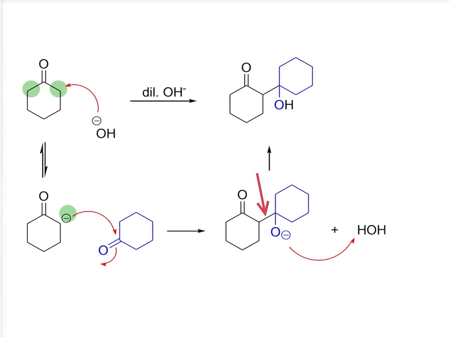In this case, the oxygen contains a lone pair as a negative charge which abstracts a proton from the medium to produce a neutral beta hydroxy carbonyl compound, characteristic of any aldol addition reaction.